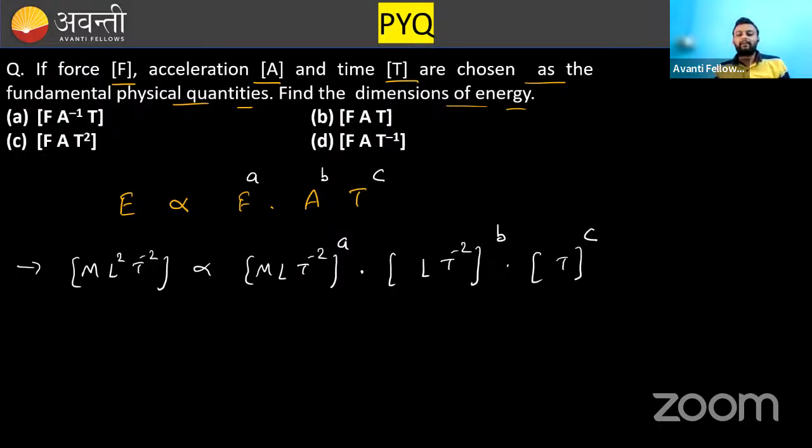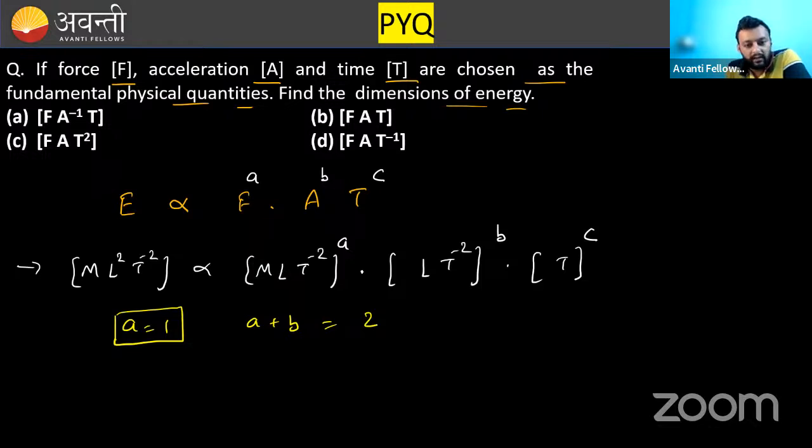Now compare the powers on both sides. The power of M on the RHS is A only, and on the left it is 1. So A is equal to 1. That's what we got very quickly. Moving further, comparing the power of L: in the first term L has power A, in the second L has power B, so A plus B, and on the left L has power 2.